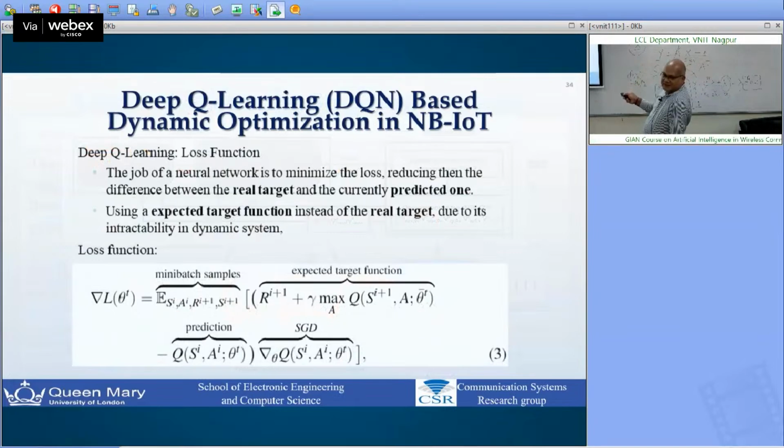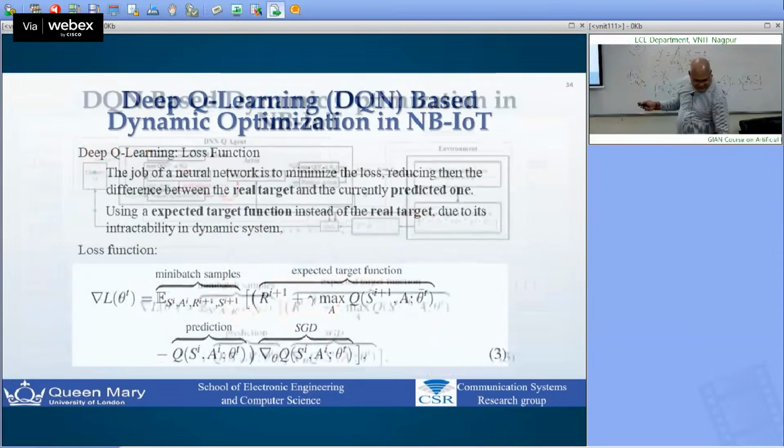So we have to minimize the loss, meaning the predicted one and the target one should be minimized. To minimize a function, you take dy by dx and make it equal to zero. So that's what we have in this equation.